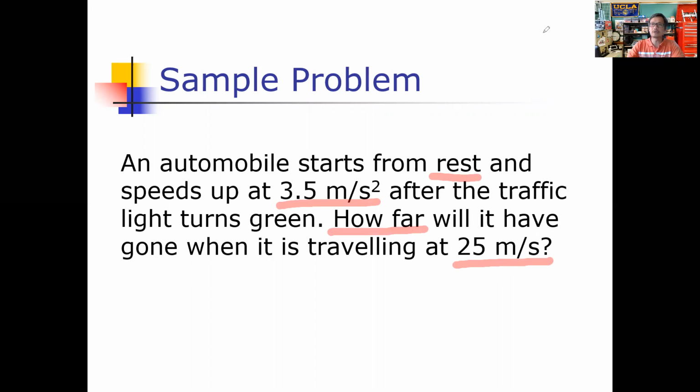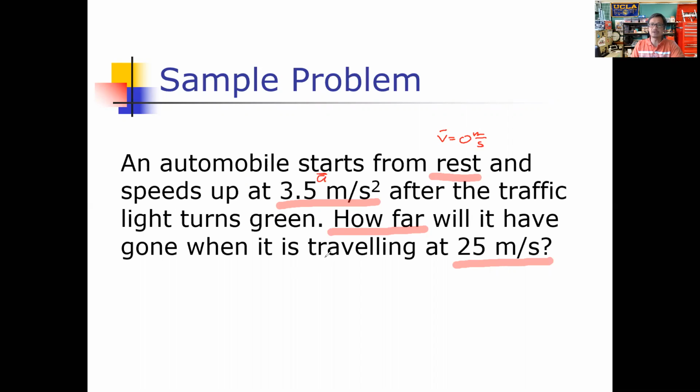So what are we given so far? Well, rest, folks, hope you recognize this, is a velocity. So we were given a velocity of 0 meters per second. That's what rest always means. Start from rest means that this is the initial velocity. Then if you look at the units, it speeds up at this rate, 3.5 meters per second squared, which means this is an acceleration.